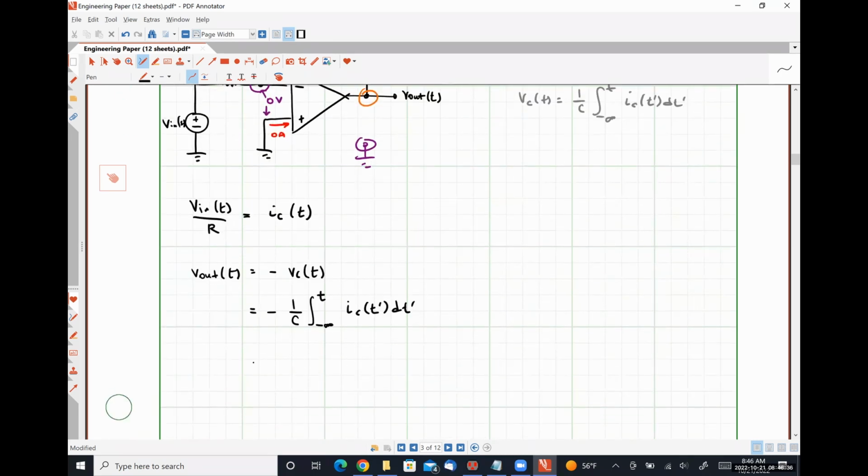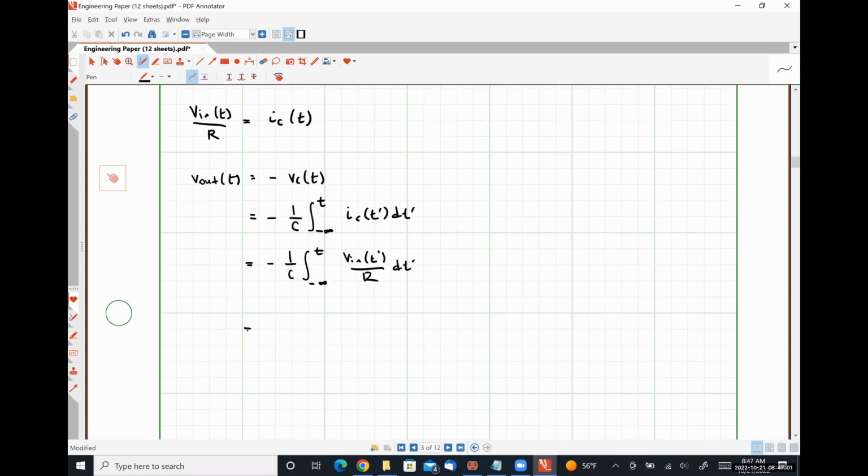If we substitute in the relationship that we determined was equal to IC by applying Kirchhoff's current law at the inverting input node, we'll have negative 1 over C times the integral from negative infinity to T of Vn of T prime over R dt prime.